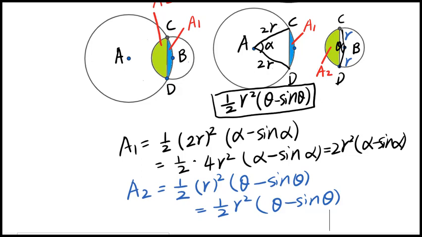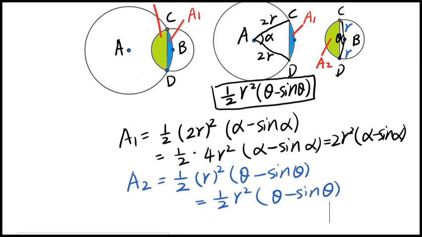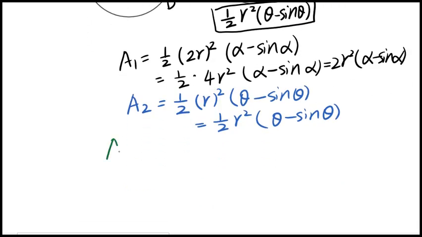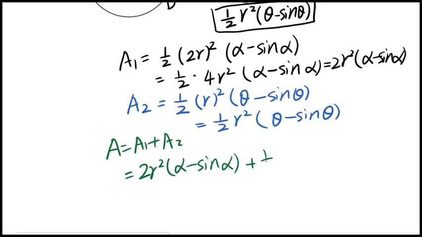Therefore, the shaded area will be A1 plus A2. That equals 2R squared times alpha minus sine alpha, plus 1/2 R squared times theta minus sine theta. This will be the shaded area.